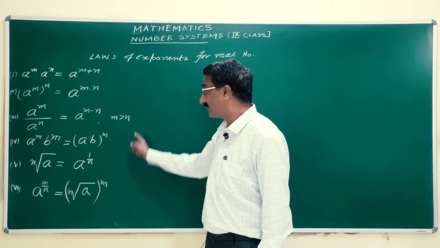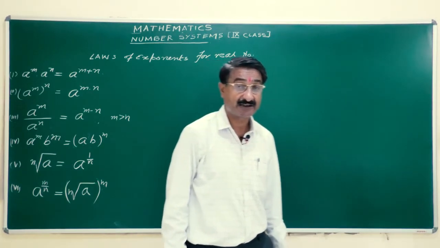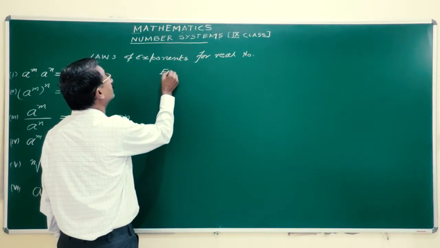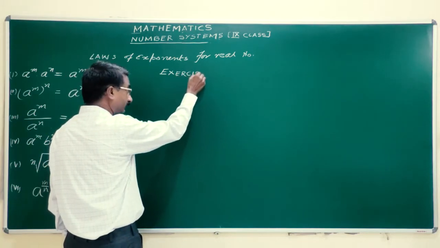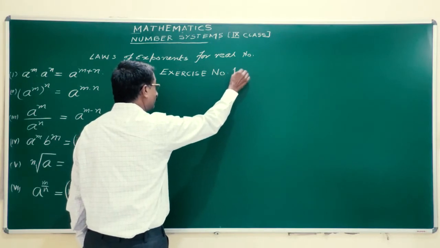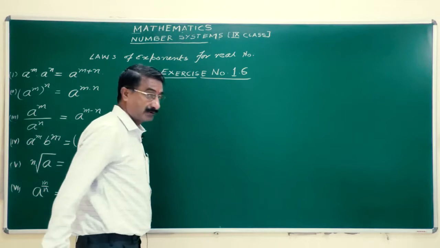So we will use all these identities in the next exercise, that is exercise number 1.6. Clear?